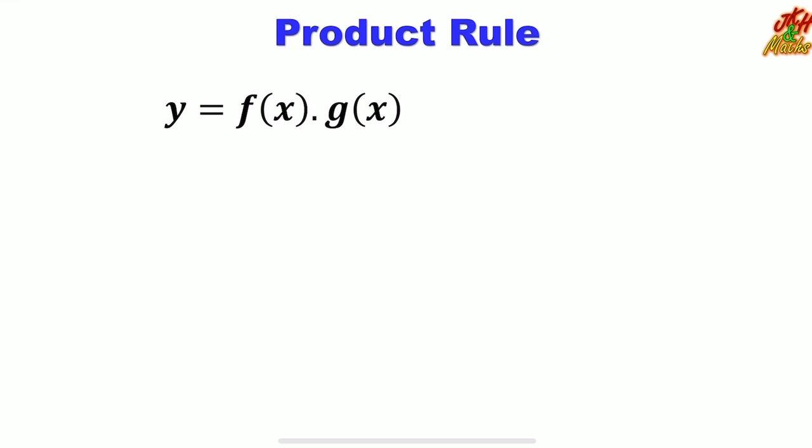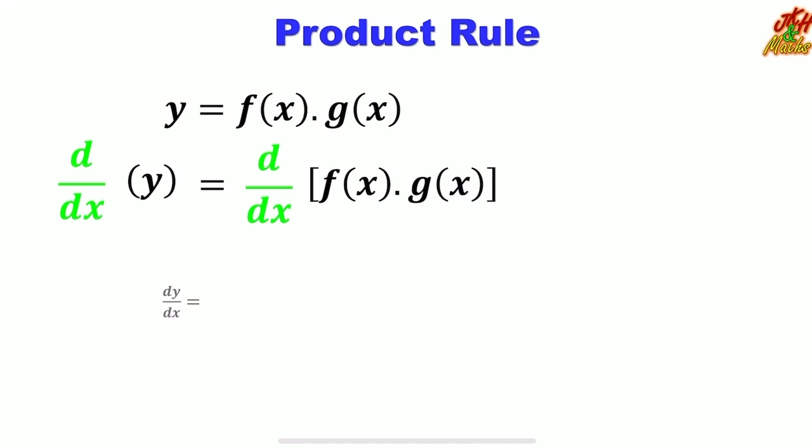So before that, let's say we are given y equal to f(x) multiplied with g(x). Then we differentiate both sides of this equation with respect to x. This gives us the left hand side equal to dy/dx.